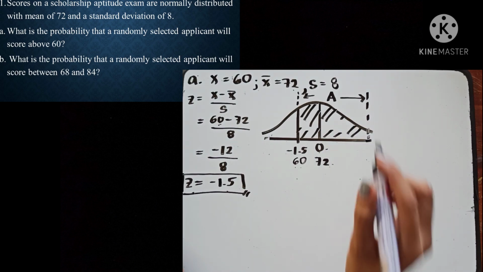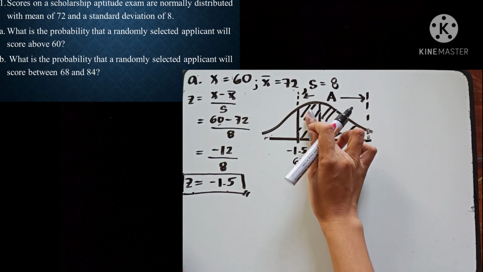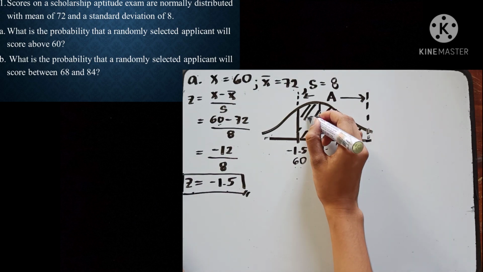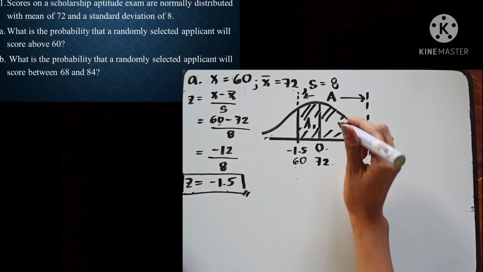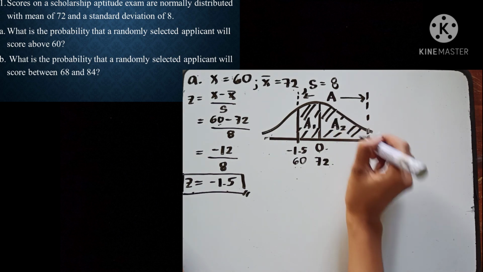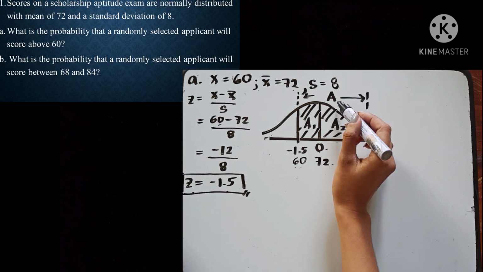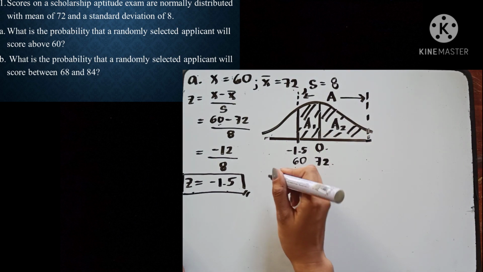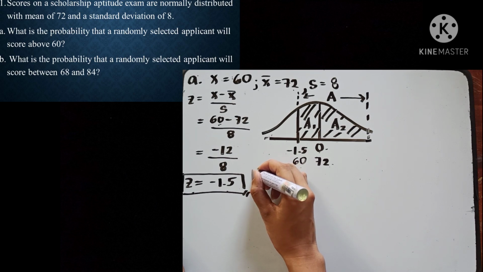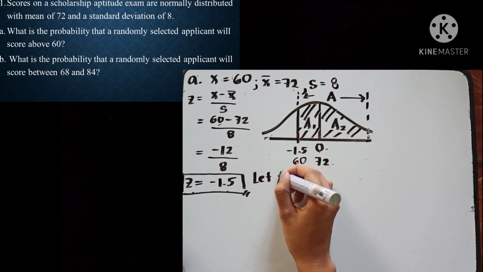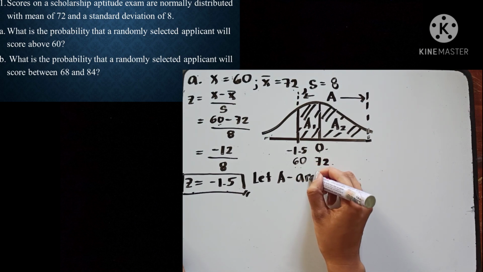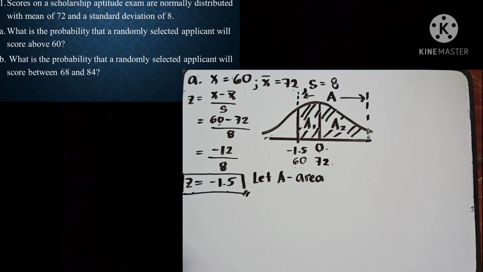So, ito yung hinahanap natin na area. Okay? So, again, to find this A, kailangan natin ng A sub 1, kailangan natin ng A sub 2. Kasi yung A sub 1 natin is ito na. Left to right tayo ulit. A sub 1. Ito yung A sub 2. Ibig sabihin, yung A natin is pinagsamang A sub 1 at A sub 2. Okay? So, now, we let A be the, ano yung A mo ulit? Area. So, bumabalik lang po tayo sa steps sa kung paano natin kinukuha yung area under the normal curve.